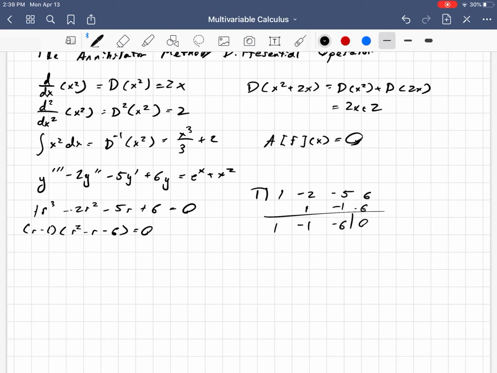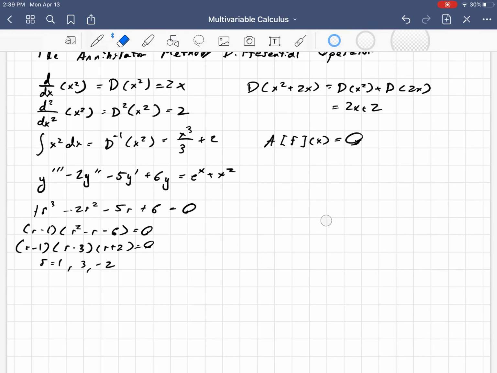So that factors into r minus 1 times r squared minus r minus 6, and that's all equal to 0. So r minus 1 times, now I think that's r minus 3 times r plus 2 equals 0. And so r is equal to 1, 3, and negative 2.